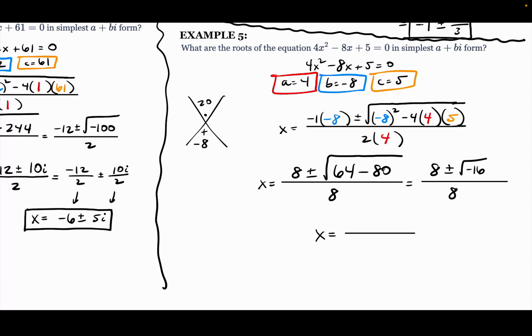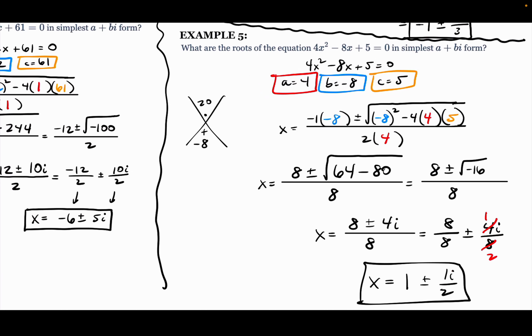The square root of -16, 4i. Divide by the bottom number, and you're done. So +8 divided by +8 is 1. I can divide these two by 4. So you're going to get 1i over 2. Okay.